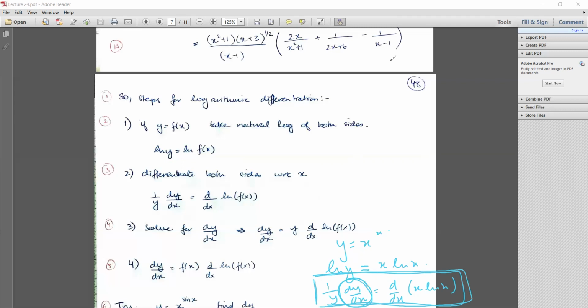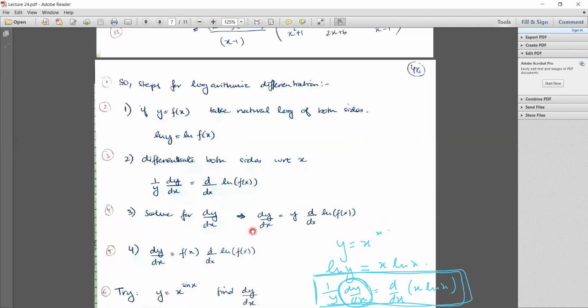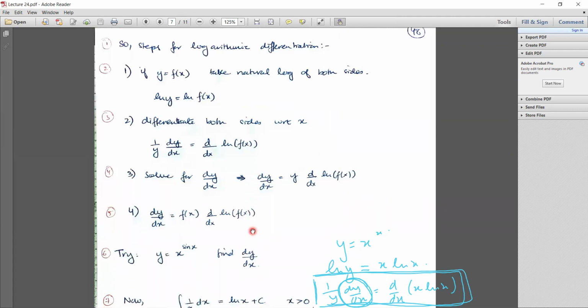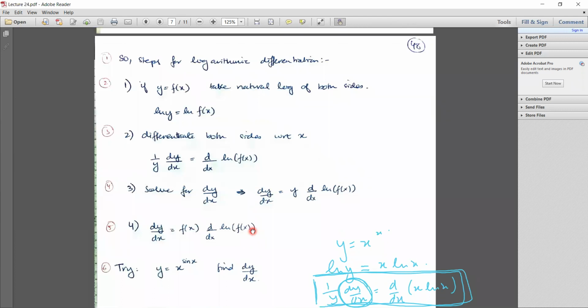Similarly, try doing x raised to power sine x, right? Try finding dy by dx when y is x raised to power sine x. Again, you cannot use the power rule here because the power is a function of x itself. So when you take the derivative, you have to account for how much the power changes when x changes.